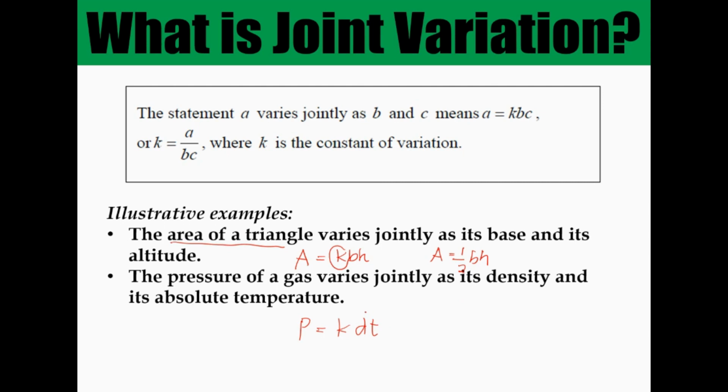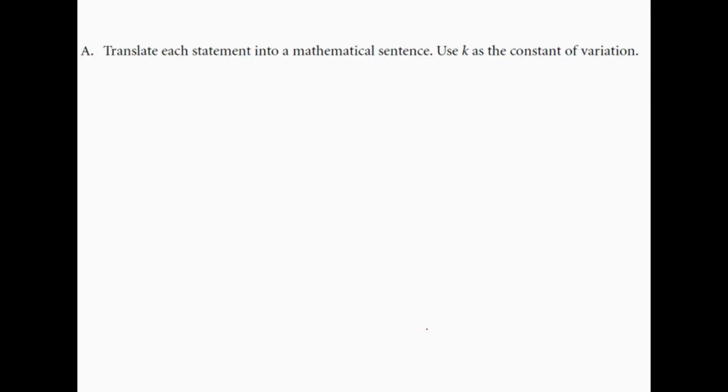So as you observe, in joint variation, we have more than two variables, unlike in direct variation. But still, the variables are multiplied. Okay, let us have examples for joint variation.